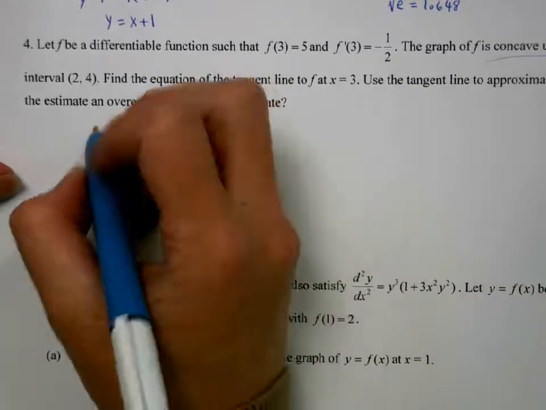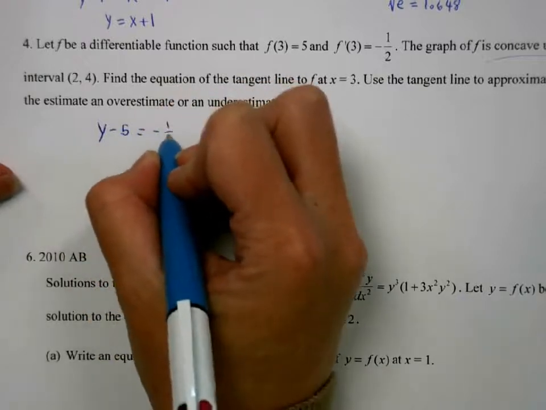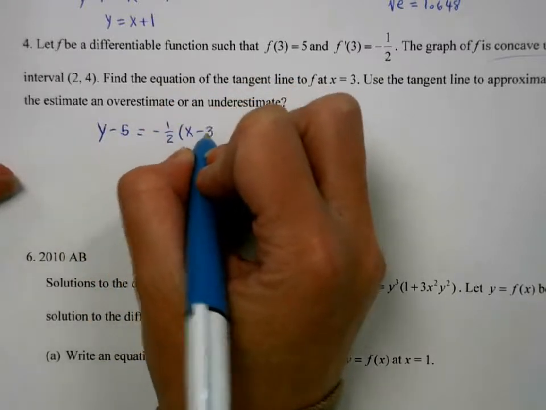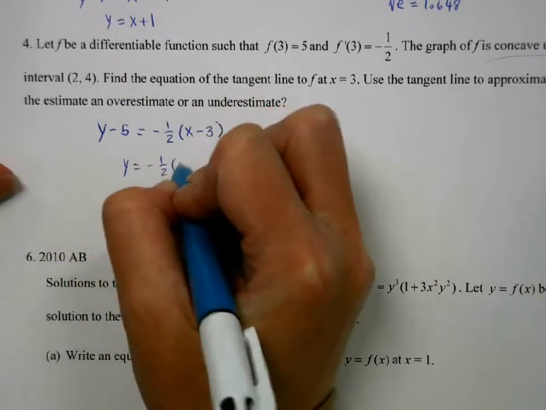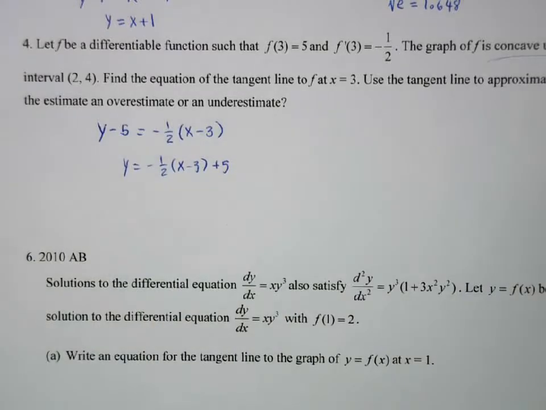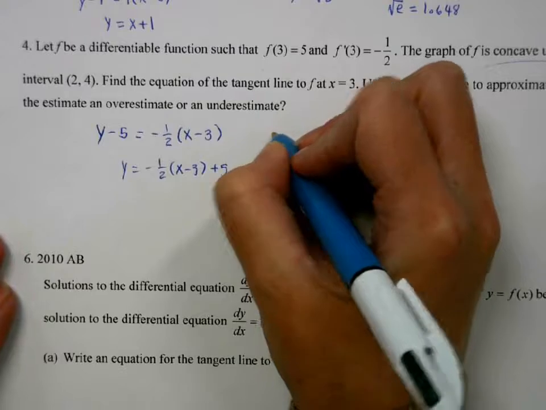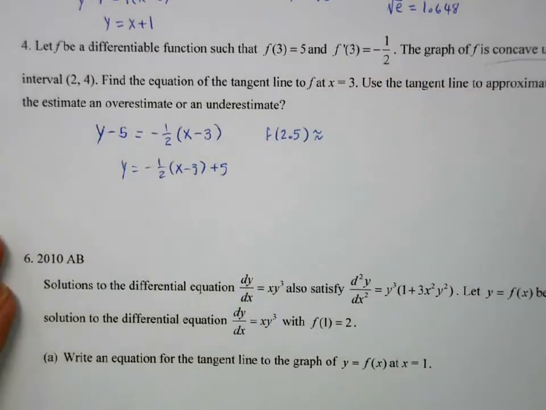So y minus 5 equals negative 1/2 times (x minus 3). And since we're using it in a calculation, I like to add that y value over. Okay, so now we can use the line to approximate at 2.5.